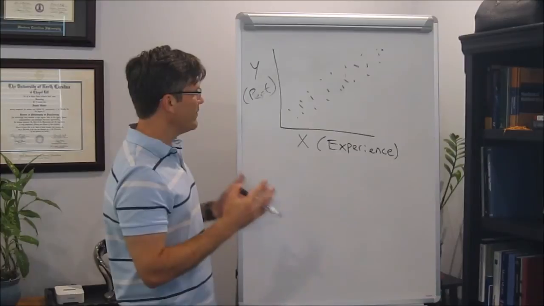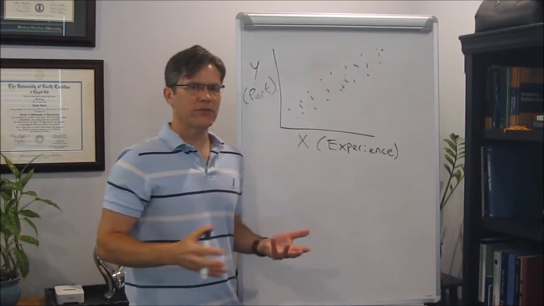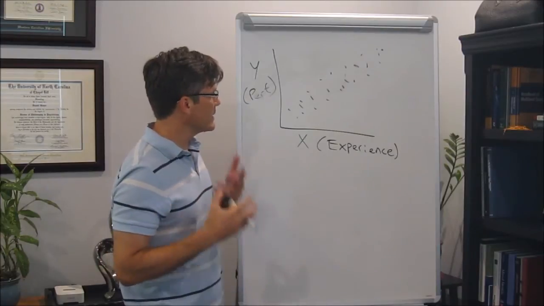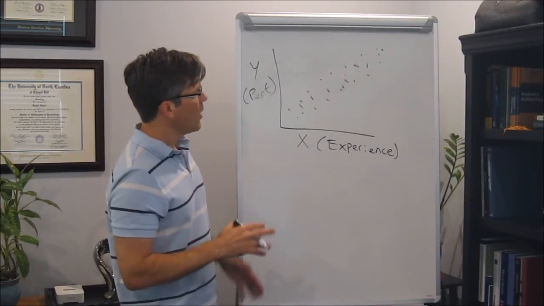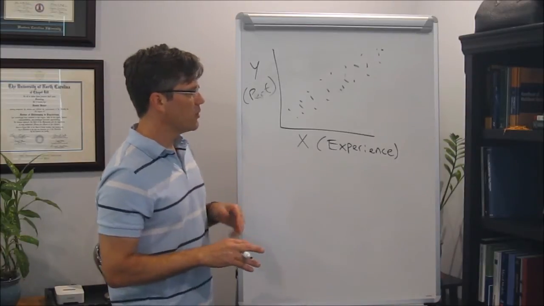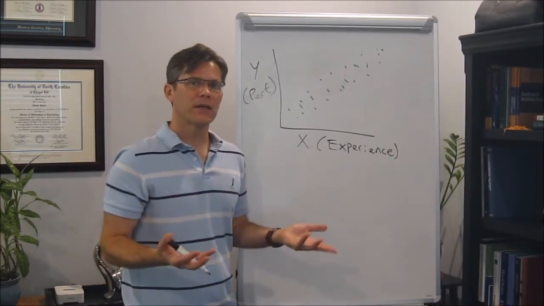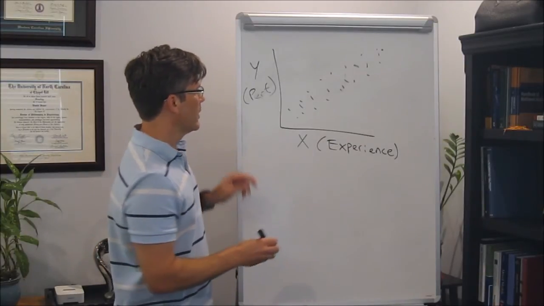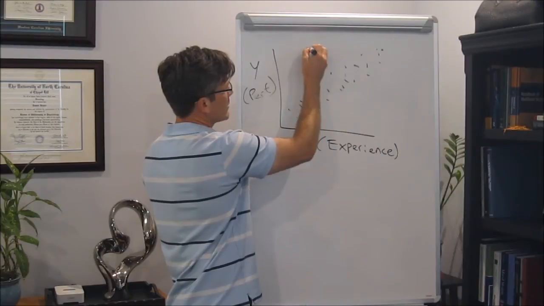Right? So we've got to grapple with the fact that every individual is unique, that there's inherent randomness in this data, that it's not a deterministic relationship. So we can't say exactly what someone's performance is going to be given their level of experience, but we could perhaps say what we would expect to see for an average individual with that level of experience. Right? So we could take a particular cross-section here.